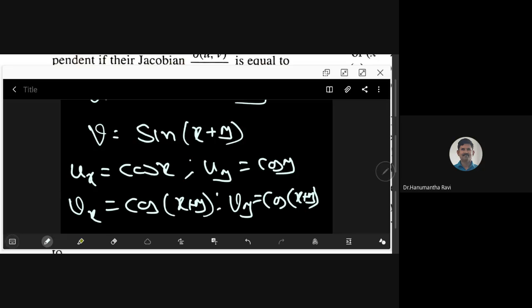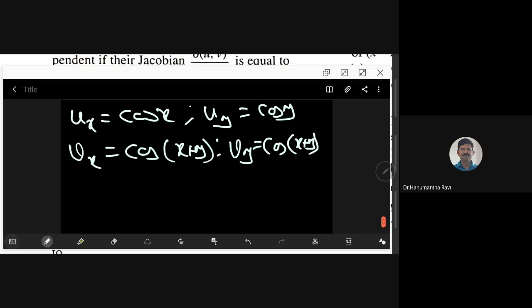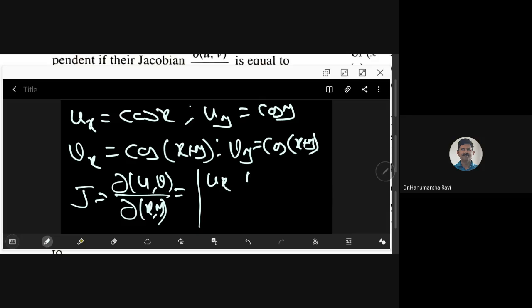So if you take the Jacobian J is equal to dou uv by dou xy. This is equal to the determinant ux, uy, vx, vy.